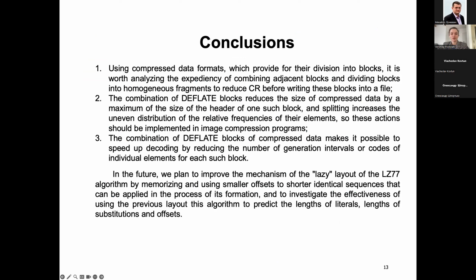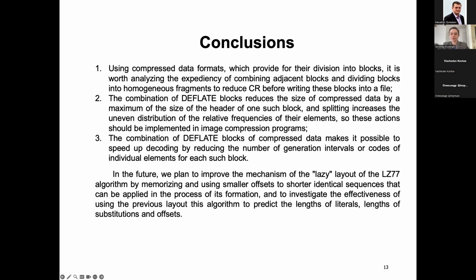The combination of deflate blocks reduces the size of compressed data by a maximum of the size of the header of such a block, and splitting increases the uneven distribution of the relative frequencies of the elements. So these options should be implemented in image compression programs. The combination of deflate blocks of compressed data makes it possible to speed up decoding by reducing the number of generation intervals or costs of individual elements for such a block.